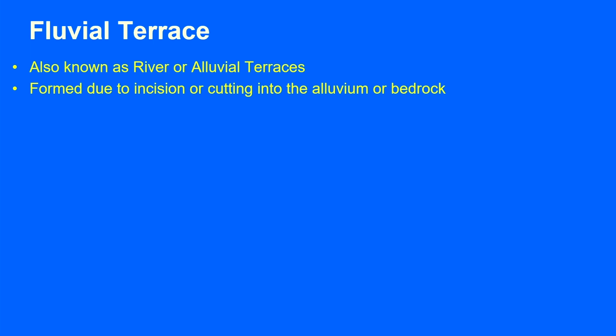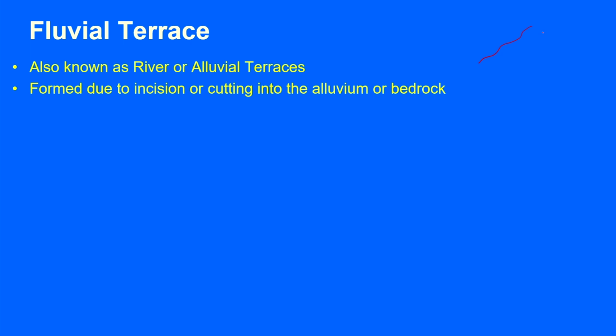So, an alluvial or fluvial terrace is formed due to incision or cutting into the alluvium or the bedrock. Usually, when the stream is flowing through different areas, it will initially flow over the bedrock, and then deposition of loose material will result in the accumulation of sediments, and that can also result in alluvial terraces.